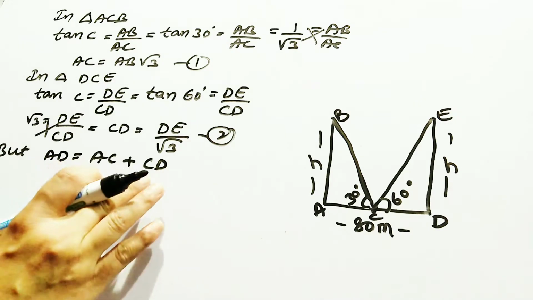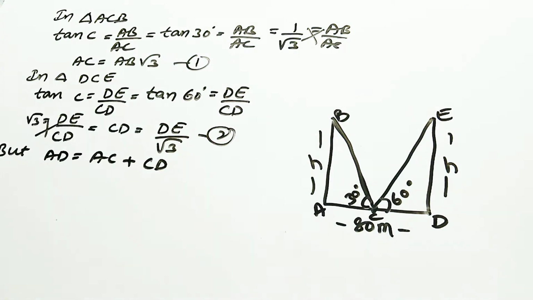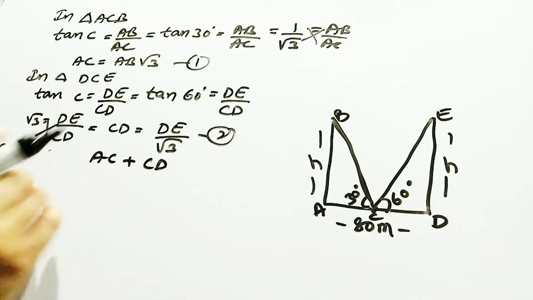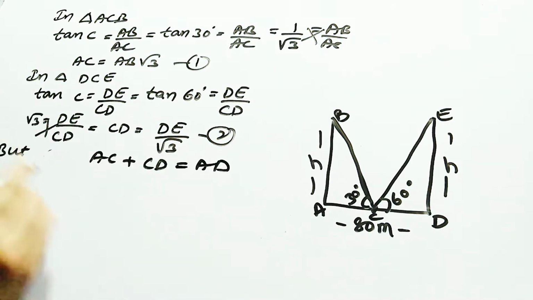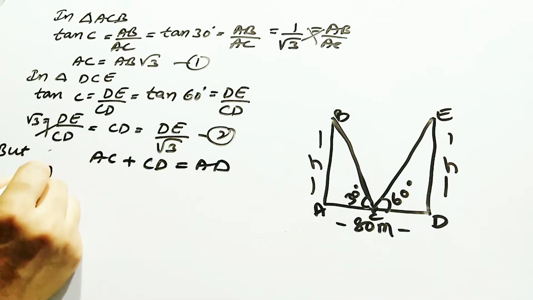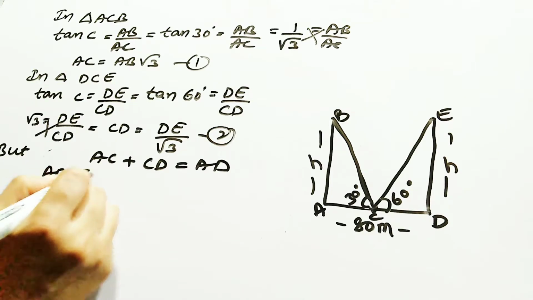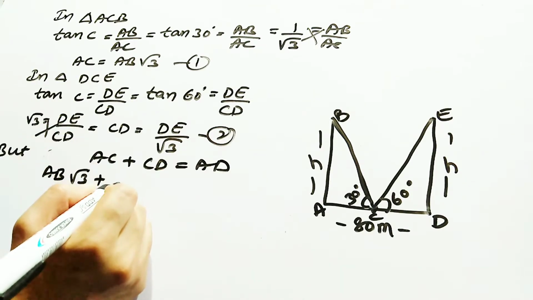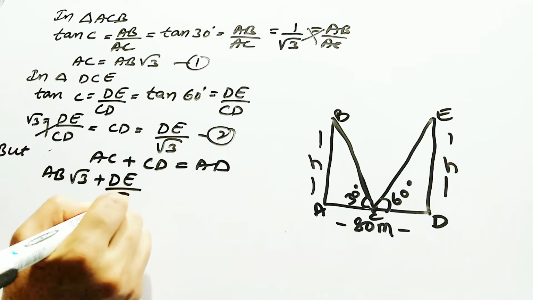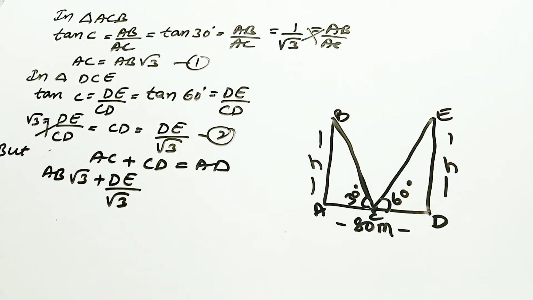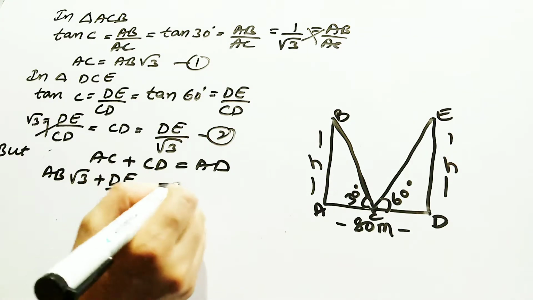What is your CD? CD is nothing but DE by root 3. You can also write AC plus CD is equal to AD. Just substitute the AC value: AB root 3 plus CD, and CD is nothing but DE by root 3, is equal to 80.